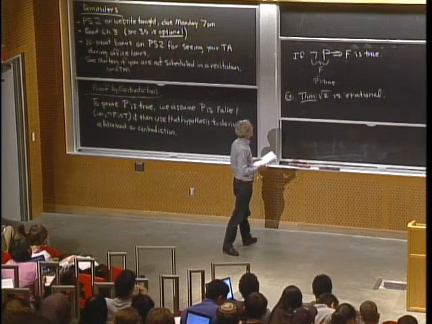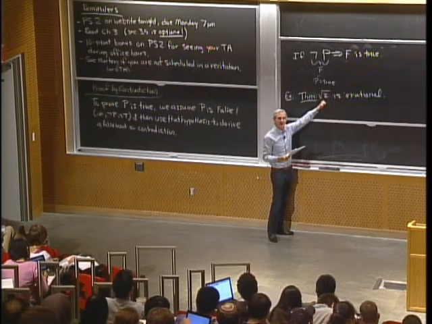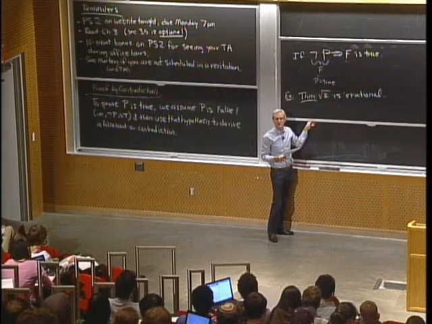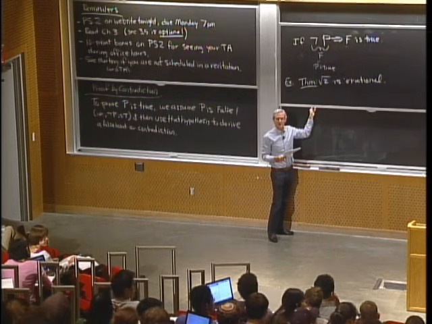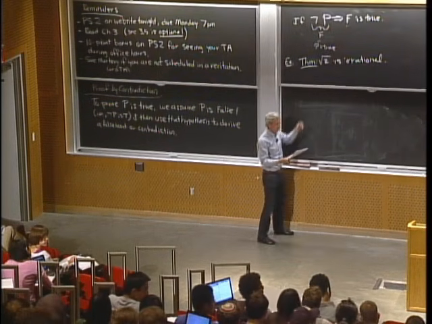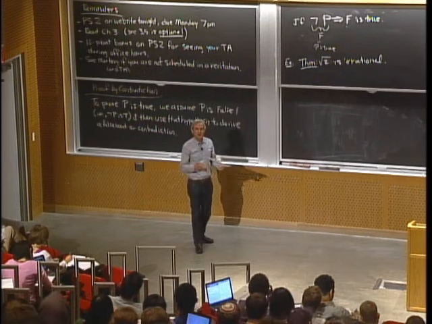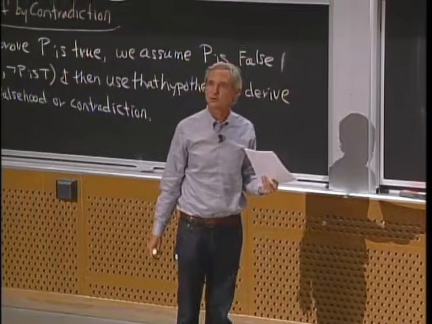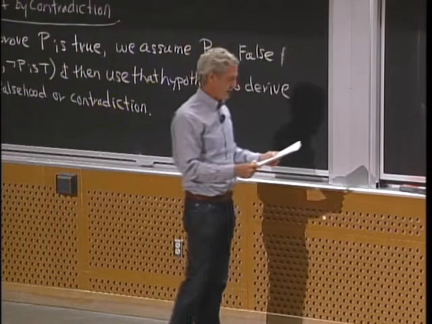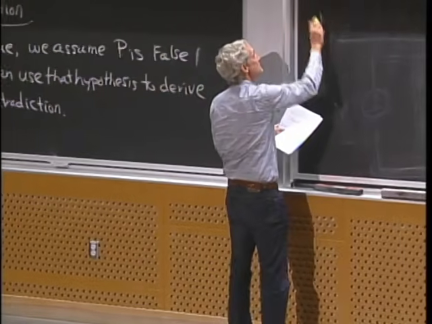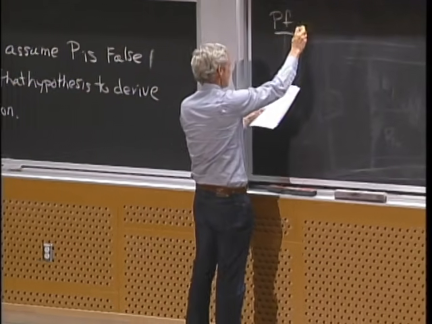Probably most people already know that. How many people have not seen a proof that the square root of 2 is irrational before? All right, so most of you have seen a proof of that. Good. If you try to do a direct proof of this, it's pretty hard. How do you show there's no way to represent the square root of 2 as integers a over b? But it's very easy if we do a proof by contradiction.